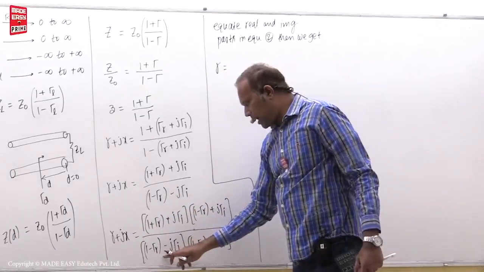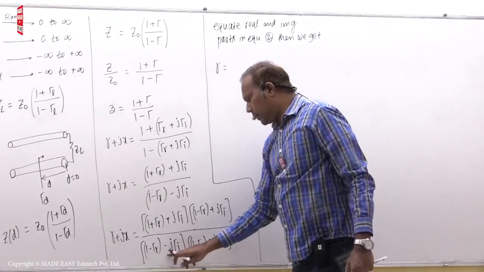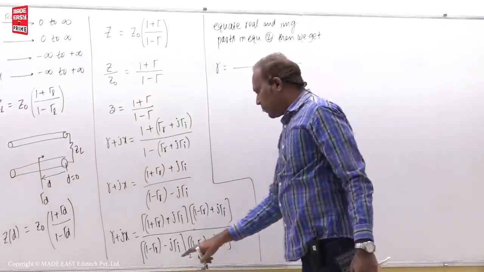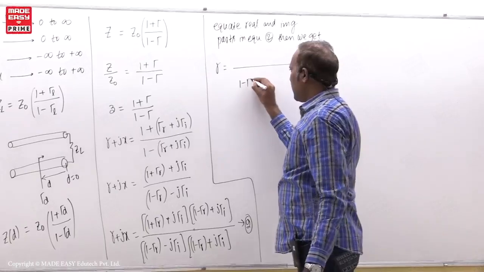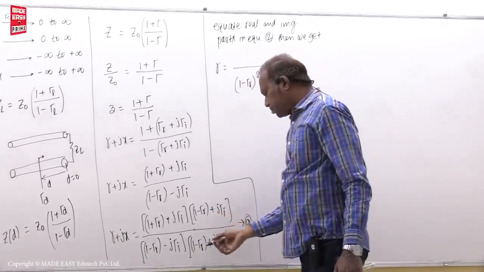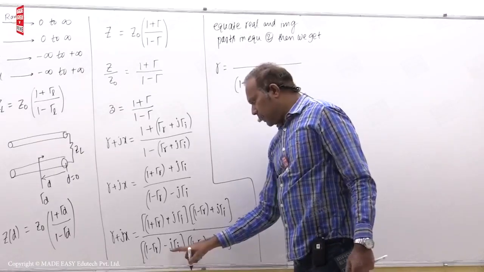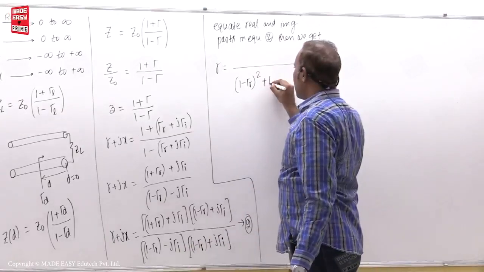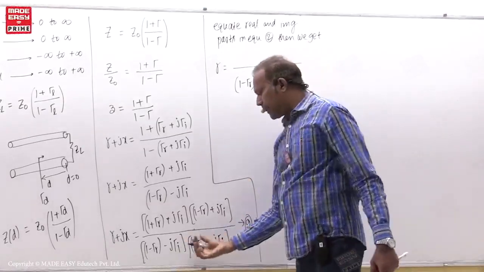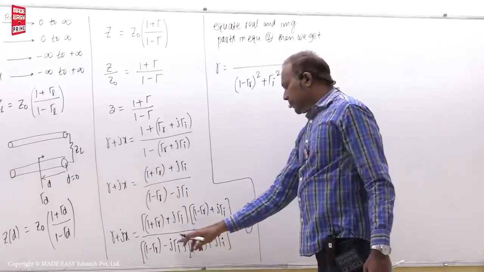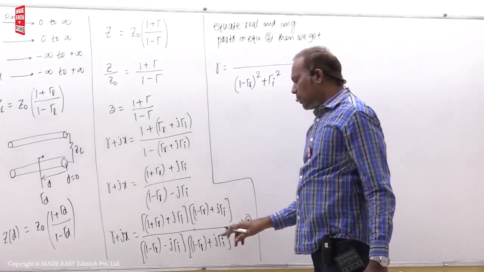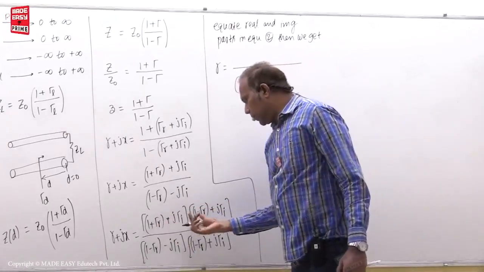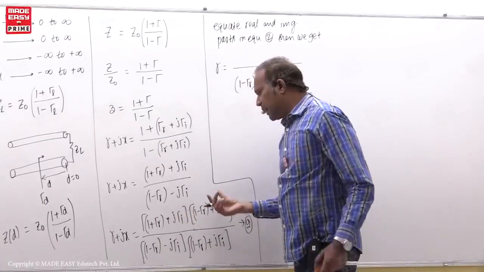In the denominator, this is (1 minus gamma r) plus j gamma I multiplied with (1 minus gamma r) minus j gamma I, an (a minus b)(a plus b) formula, so (1 minus gamma r) whole square, then minus b square, that is j square gamma I square, where j square is minus 1, so minus into minus gives plus gamma I square in the denominator. In the numerator, real into real plus imaginary into imaginary gives the real part.